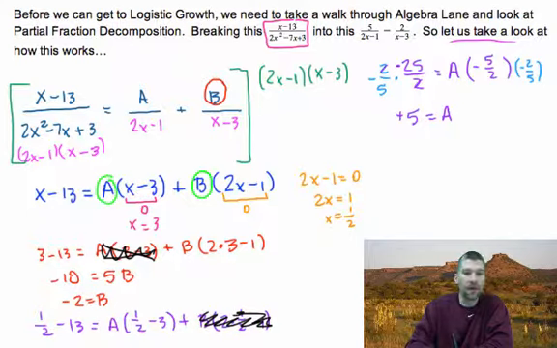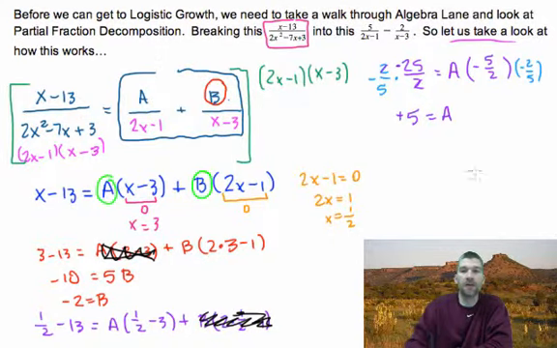To go back to our original problem, our end result is that we can write this fraction as a fraction with a being 5, so 5 over 2x minus 1, plus b, which would be negative 2, so we could say negative 2 over x minus 3.